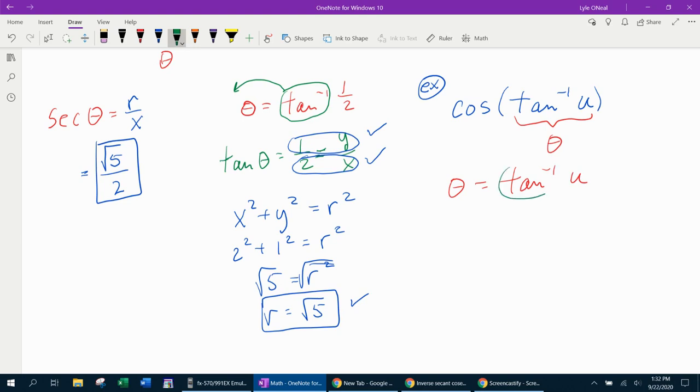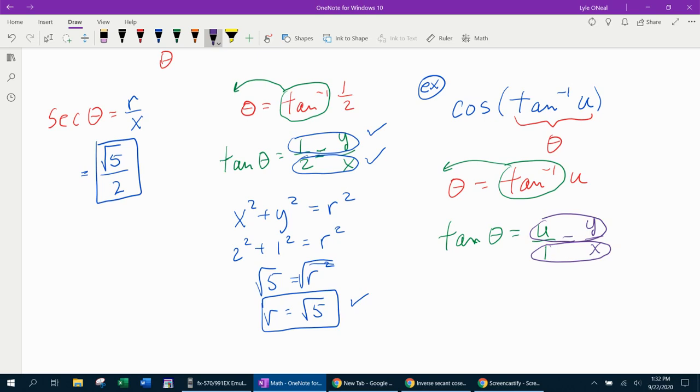And then if I bring the inverse tangent back to the other side, that's going to say tangent of theta is u, which I can express as a fraction by putting it over 1. And I know that tangent is y over x. So this tells me that x has a value of 1 and y is u.